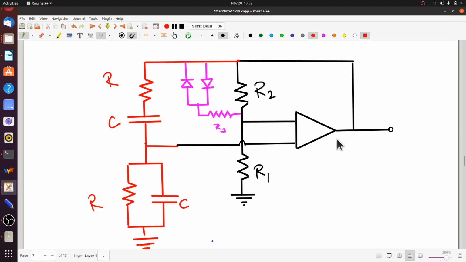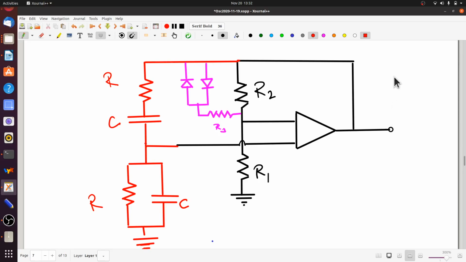So for very small outputs of this oscillator, the diodes will be cut off. So R3 will be out of the circuit. So the gain of the amplifier will be given by 1 plus R2 by R1. And if you take R2 to be bigger than twice R1, the gain is more than 3, and the circuit is going to keep on growing the tiny noise induced oscillations into larger and larger values.